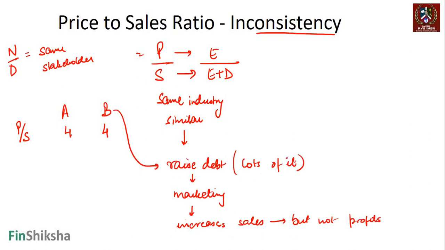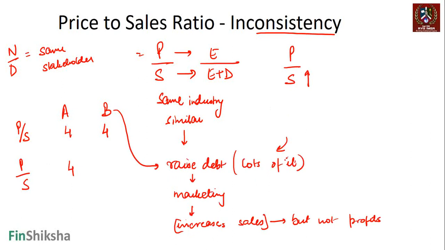Once you increase the sales but not the profits, there are two things that will happen when you calculate the price to sales ratio. For A, there is no change. For B, in price by sales, sales goes up, because we've increased sales by taking a lot of debt, right?